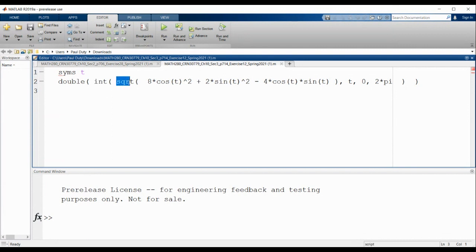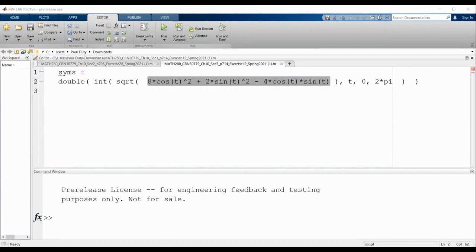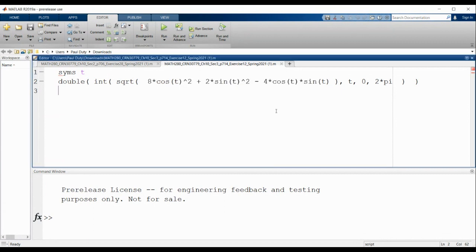We're integrating the square root of 8 cosine squared t plus 2 sine squared t minus 4 cosine t sine t. What are we integrating with respect to? We're integrating with respect to t. What are our limits? t goes from 0 to 2 pi.